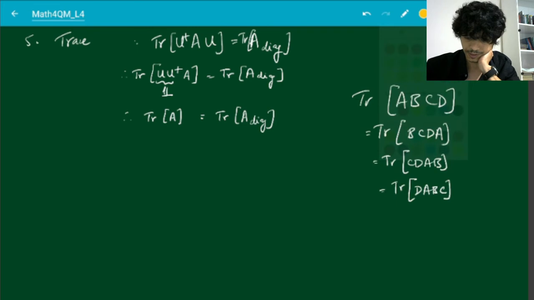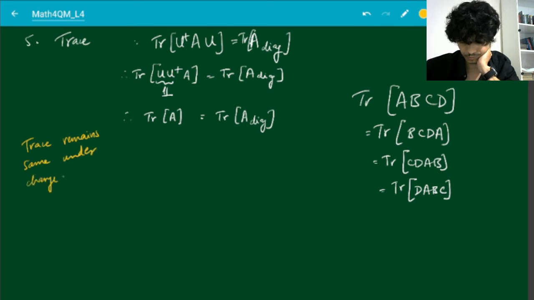So on this page, we are seeing that trace doesn't change or remains invariant under a change of basis or similarity transformation.